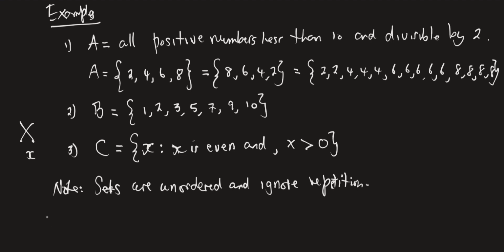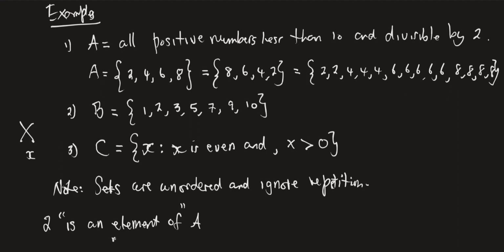So here's a true statement. 2 is an element of A, right? Now, that's fine. We can write this down, but in math, we like to be concise and precise all at once. So there is a notation that we use to indicate this phrase is an element of, or is a member of.